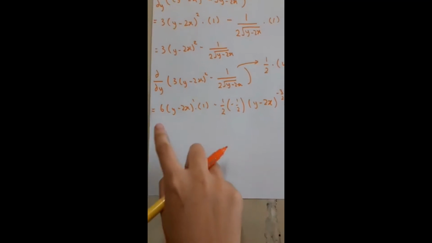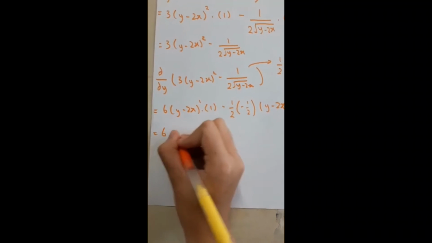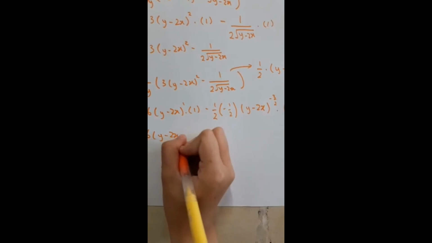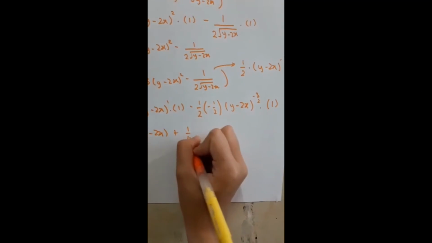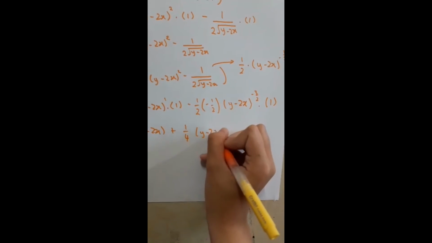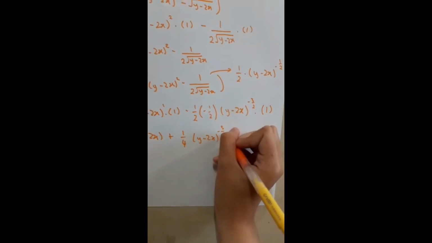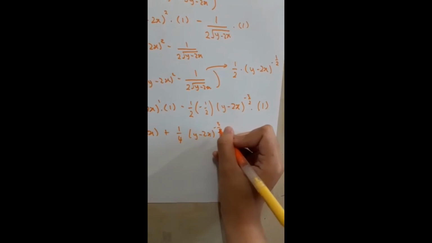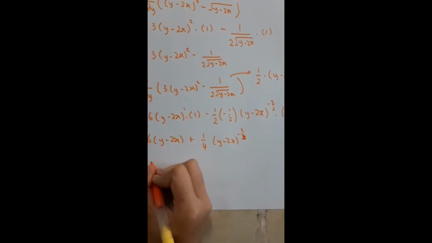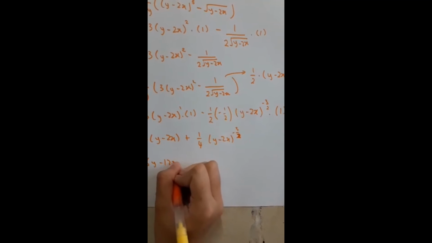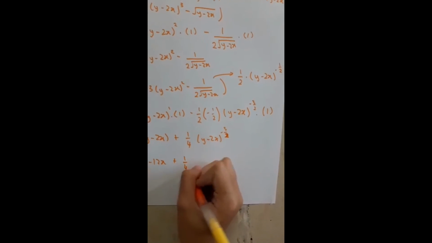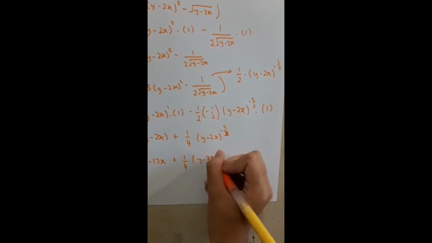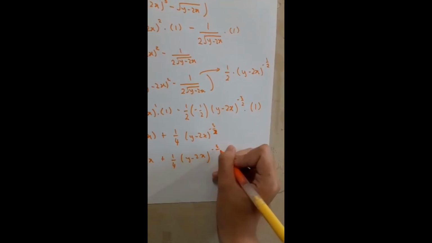Okay, so we simplify this one, we will get 6(y minus 2x) plus 1 over 4 (y minus 2x) to the power of negative 3 over 2, my mistake. So 6y minus 12x plus 1 over 4 (y minus 2x) to the power of negative 3 over 2.